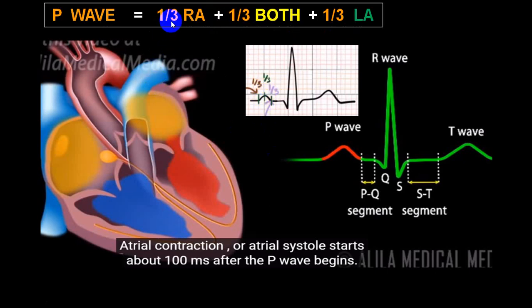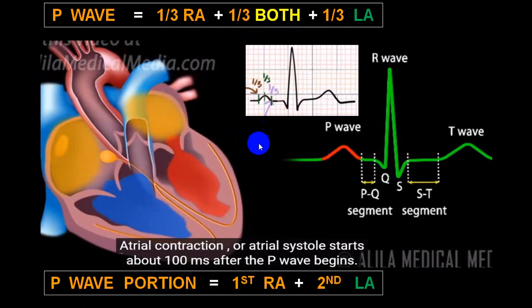Or if you divide it into two halves, the first half is by the RA and the second half is by the LA, because the right atrium is stimulated first and then the left atrium is stimulated.